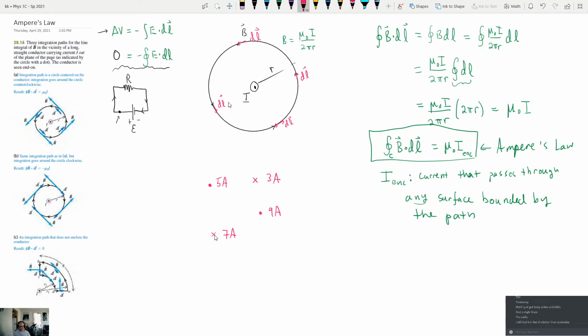With the x's meaning they're going into the page and the dots meaning they're coming out of the page. And now I surround these with different surfaces. So I put one surface here, we'll call that surface 1. Put another surface right here, call that surface 2. And one more, just put one that surrounds all of them.